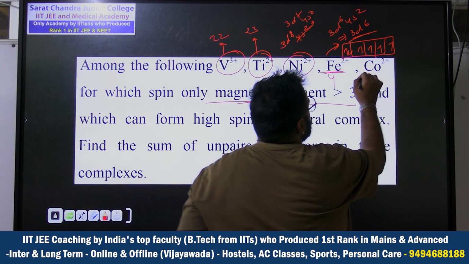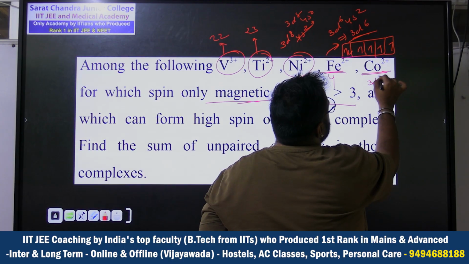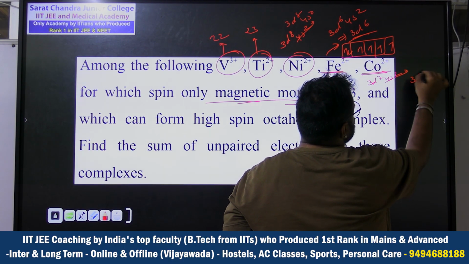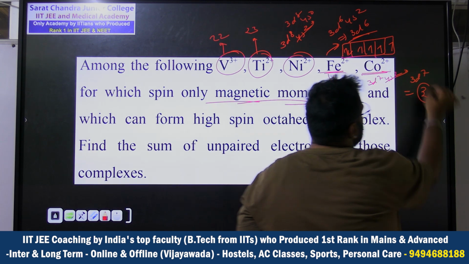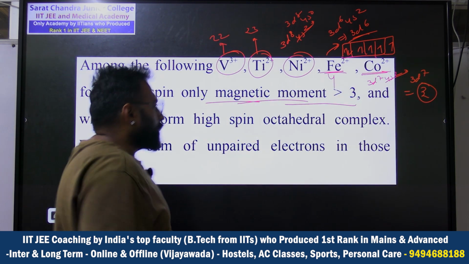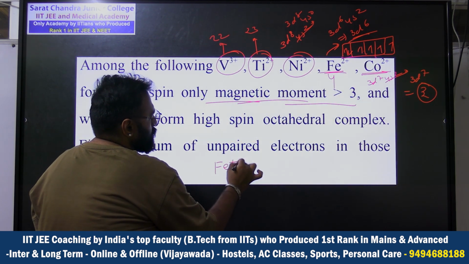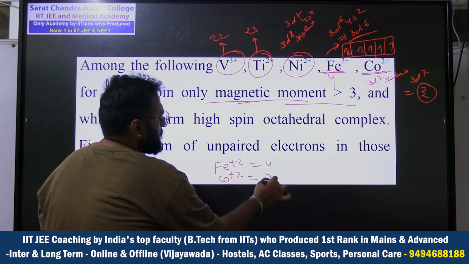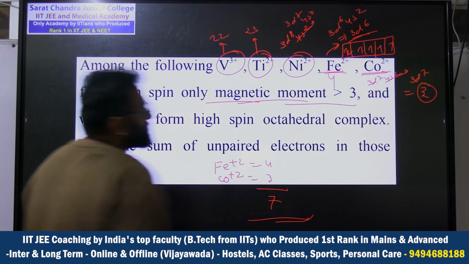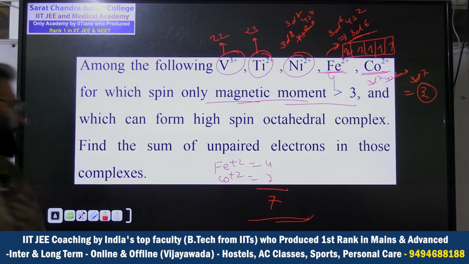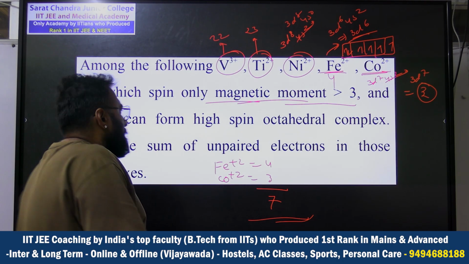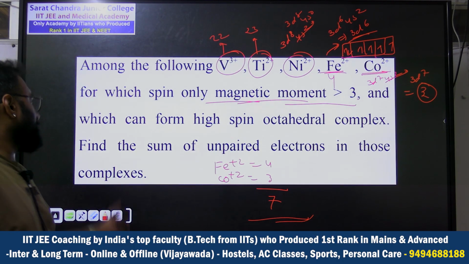And for cobalt, 3d7 4s2. If we remove 2 electrons, it is 3d7, meaning 3 unpaired electrons. So Fe plus 2 has 4 unpaired electrons and cobalt plus 2 has 3 unpaired electrons. The total sum is 7. The correct answer is 7.